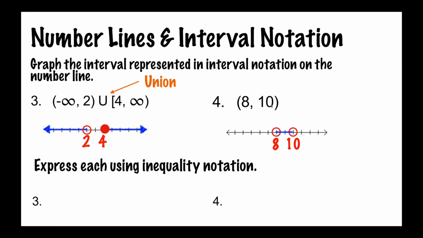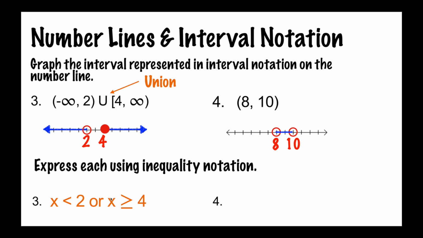Then finally, for the inequality notation here for number 3, I'm going to say that I know I'm going to be dealing with x, values less than 2, and it's not going to have an equal sign here because, again, this is going to be less than 2. Or when I talk about this side of the number line, it's values that are greater than or equal to 4.